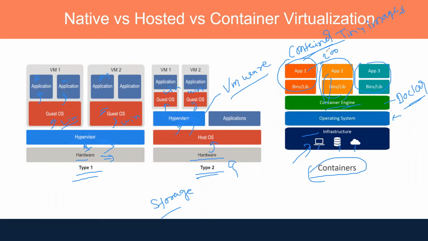But if you go with type 1 or type 2 virtualization, you install the entire operating system with all available packages. Here, when you are using a container, you are deploying only the required application and related libraries with tiny images. So these are the three types of virtualization we have, and all three we can achieve on the cloud as well.